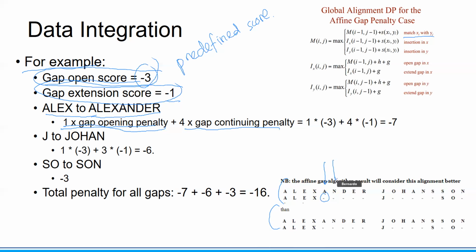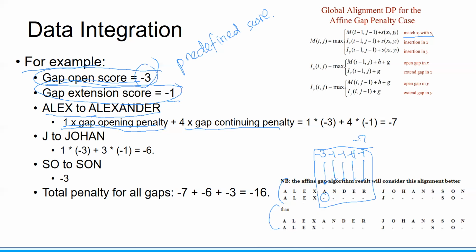So you have -1, -1, -1, and -1. For Alex to Alexander, we have -3 once it is different, which gives a high penalty cost, and the remaining will be just -1, -1, -1, and -1. Then we have -7 for those.